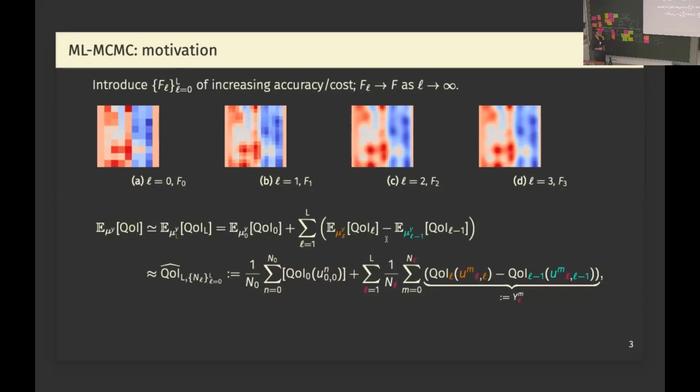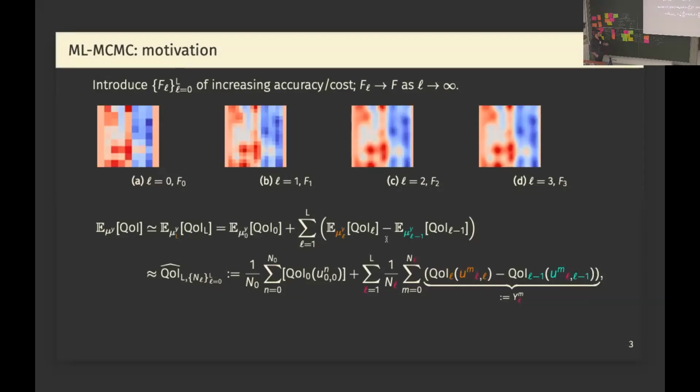Now, there's a small but significant difference here, and it is that in this telescoping sum, when one is in the multi-level Markov chain Monte Carlo, these expectations are with respect to the posterior level L, and this is an expectation with respect to the posterior level L-1, which will make things a bit more complicated than in the multi-level Monte Carlo case.